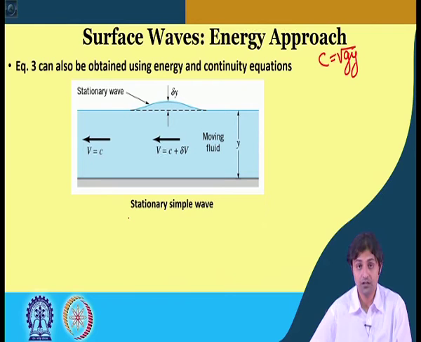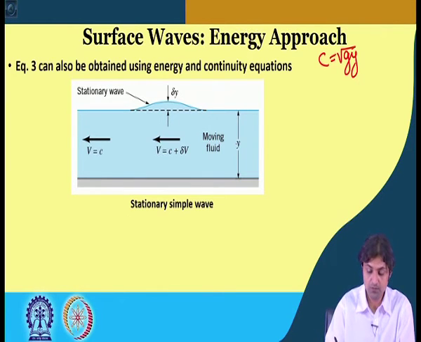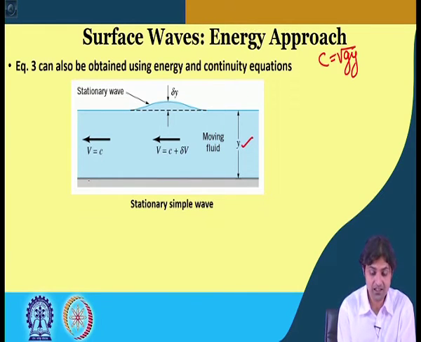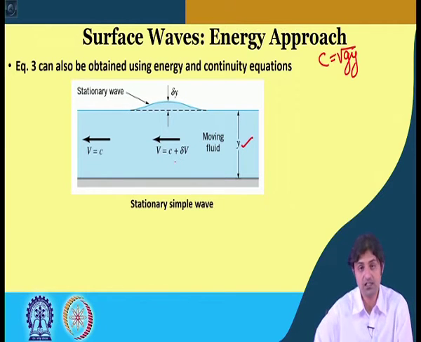So, when the observer is moving with the wave, to him this wave is moving with the same wave speed. So, this wave will appear to be stationary to the observer, other things being the same. You see the fluid depth is y, and the velocity behind him is c, moving in this direction because of the wave speed, and the speed below the wave is c plus delta v.